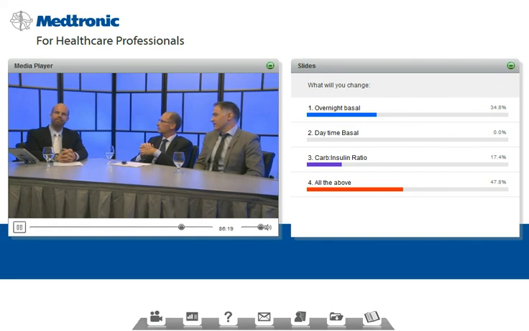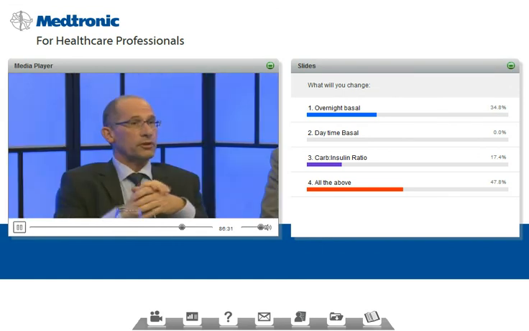If everyone's had a chance to vote, we will tabulate your results. So those are the results. Overnight basal got, I think, the most votes, then the carb to insulin ratio.